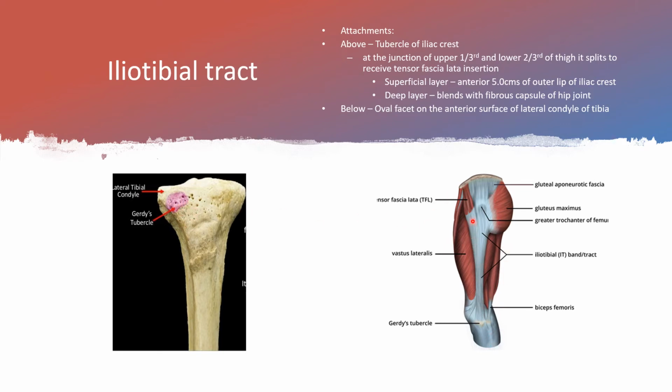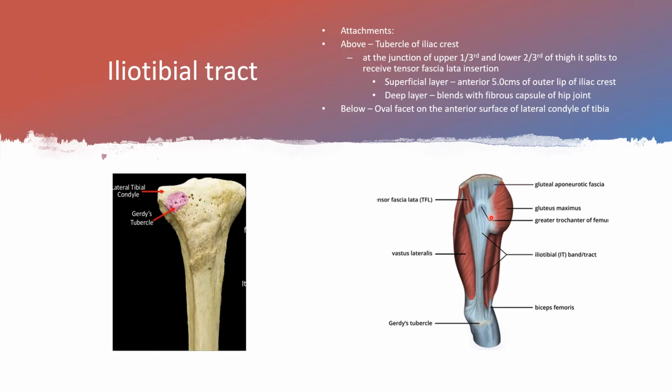And in this picture, you can see the iliac crest and the attachment of the iliotibial tract above to the tubercle of iliac crest, and then below, after running along the lateral aspect of thigh, it gets inserted onto the Gerdy's tubercle.